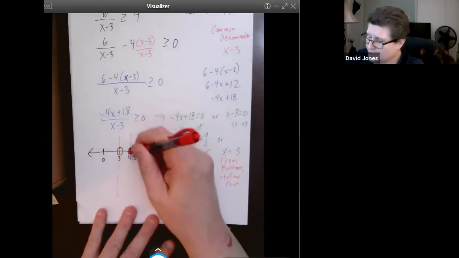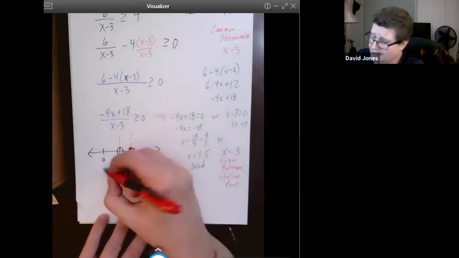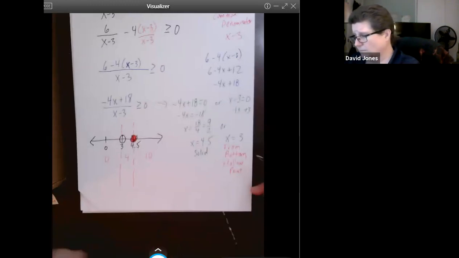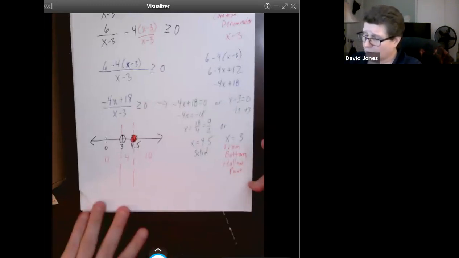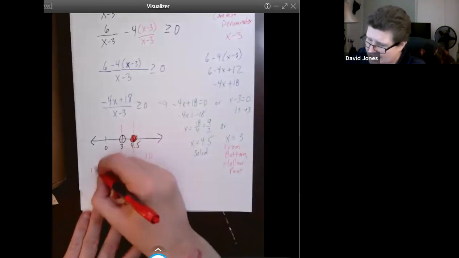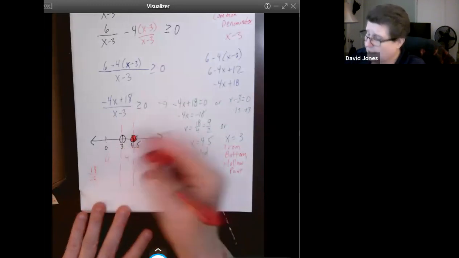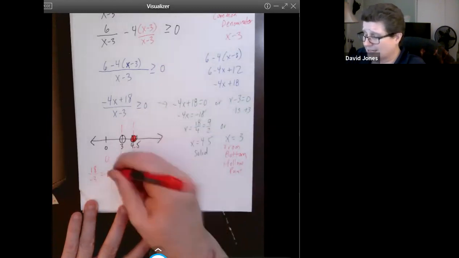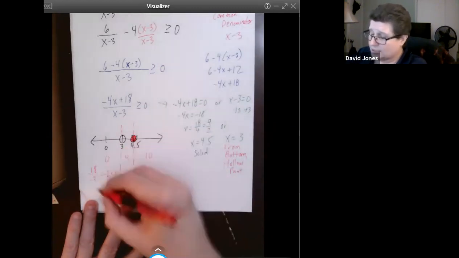Then test each region. Maybe test 0 and 4 and 10. If I plug in 0, I've got 18 over negative 3 is negative 6. That is less than 0, so that's a false.